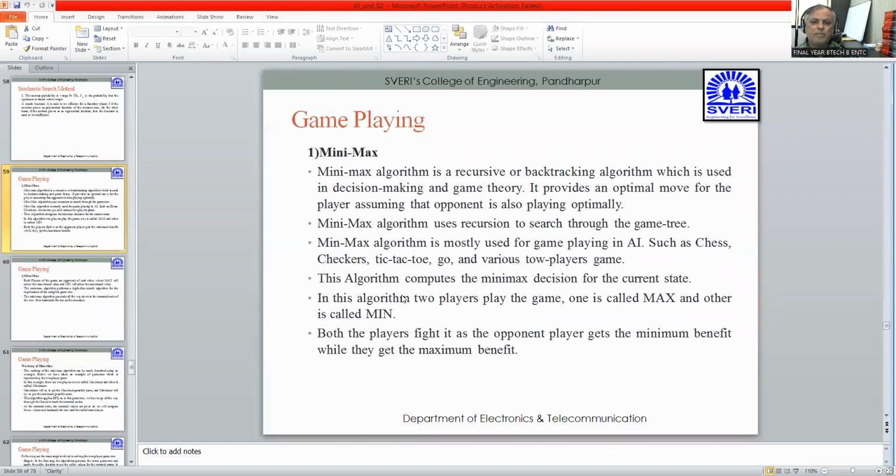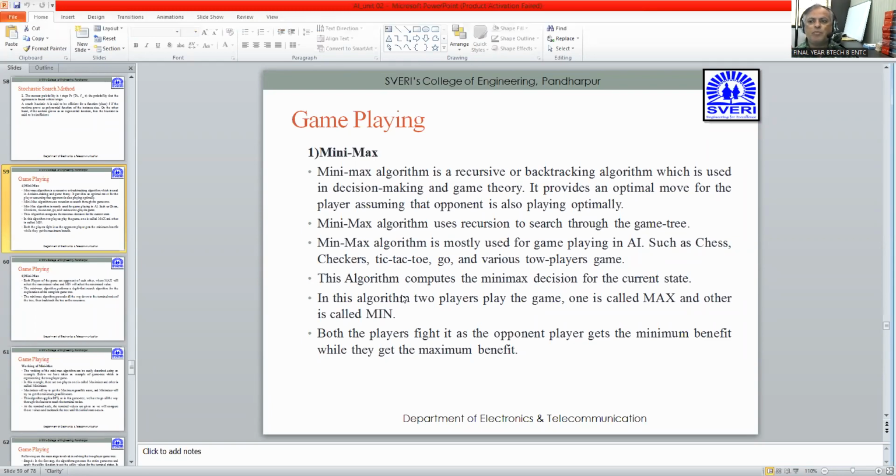As we know, the minimax algorithm is a recursive algorithm, which is also called a backtracking algorithm. It is used in decision making and game theory, and it gives optimum results. It can provide the optimal move for the player, assuming that the opponent is also playing optimally. As soon as I am playing a game with the computer, I expect the computer to play optimally, and the computer might think that the opponent, like me, is also playing optimally.